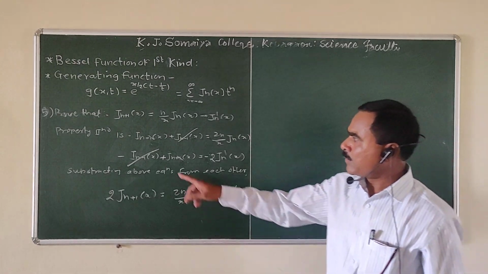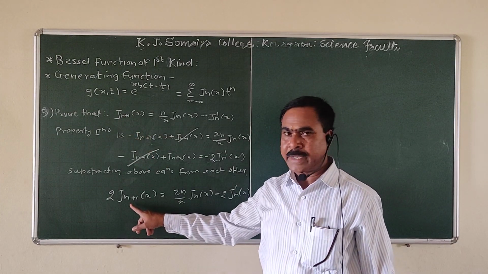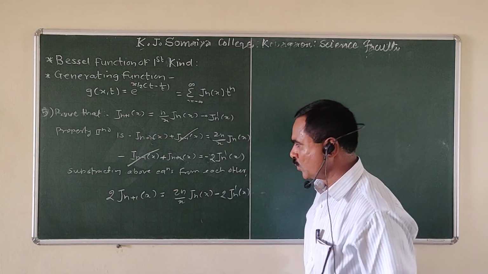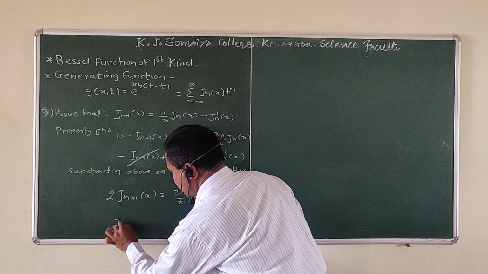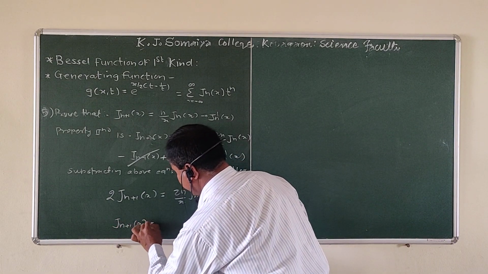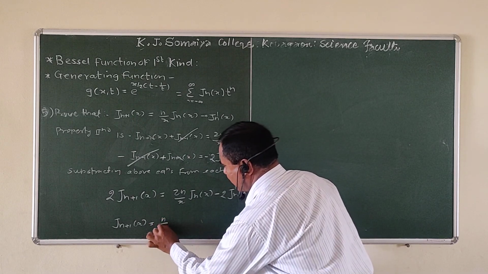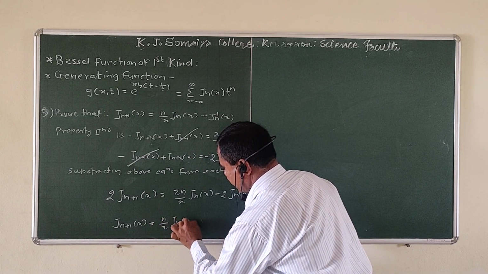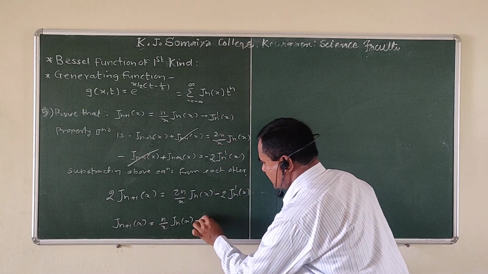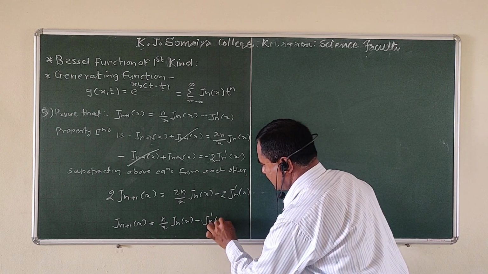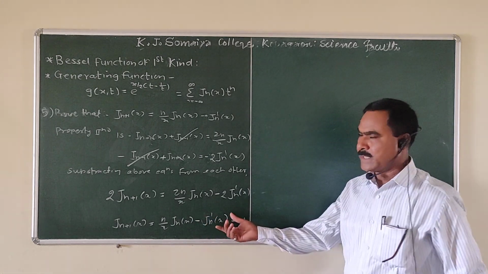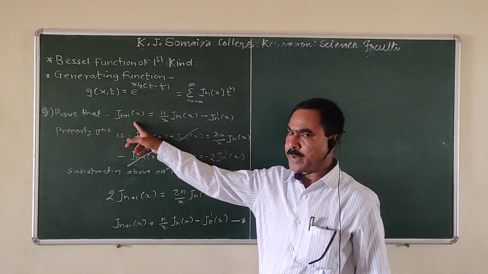So our property is like this. Again we divide throughout by 2. Therefore J n plus 1 of x equal to n upon x J n x minus J n dash x. So this is the result of property 5.